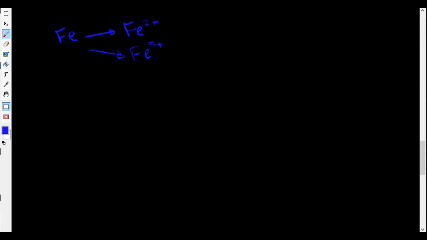So if you see this compound right here, yes, it's iron carbonate, which is a really bad example. You probably won't run across that. But which iron is it? To figure that out, we know that carbonate has a 2- charge, right?